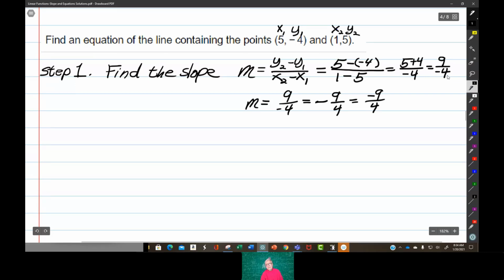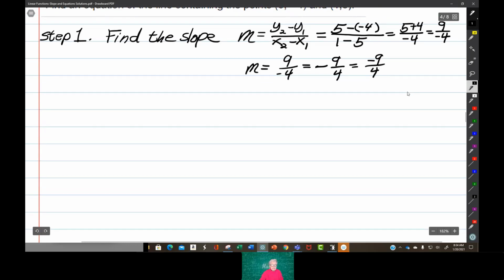It's considered bad form to leave a negative on the bottom of a fraction. It's not wrong, it's just rude. Every culture has its rudeness and unrudeness, things that they consider rude and unrude. Math has its own culture.